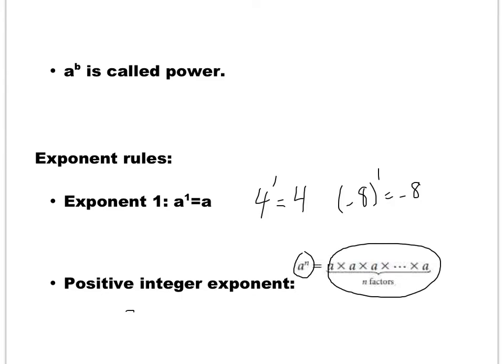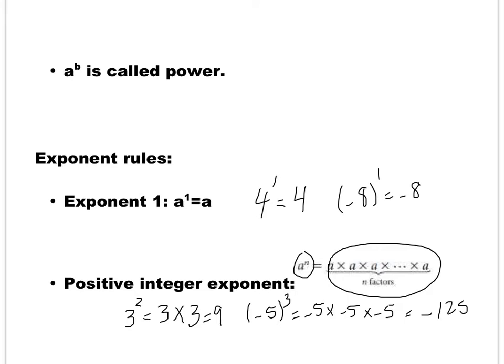For instance, 3 exponent 2 is 3 times 3, which is 9. Negative 5 exponent 3 is negative 5 times negative 5 times negative 5, which is going to be: negative 5 times negative 5 is positive 25, times negative 5 is negative 125.